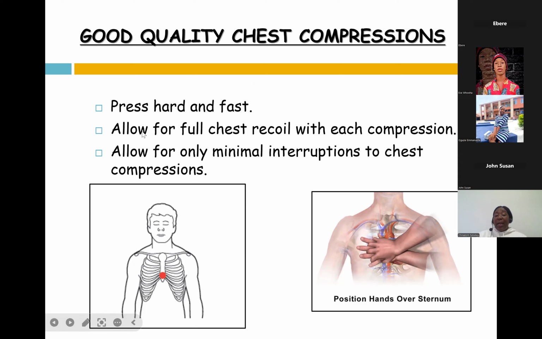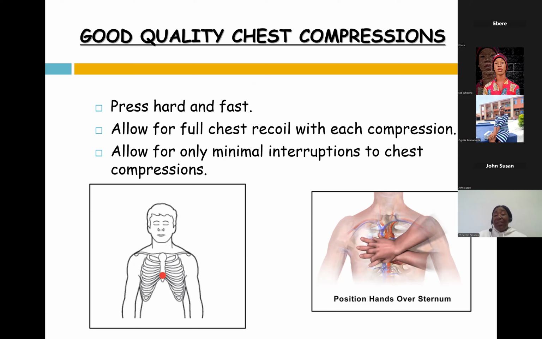You need to also allow for full chest recoil with each compression. What it means is that as you are pressing down, as you are doing this chest compression, when you press it down for one cycle, you need to let go so that the chest will go back to its normal level before you can start another compression. This is to make sure that the heart refills with blood, because as you have compressed it, it expelled all the blood in the heart.